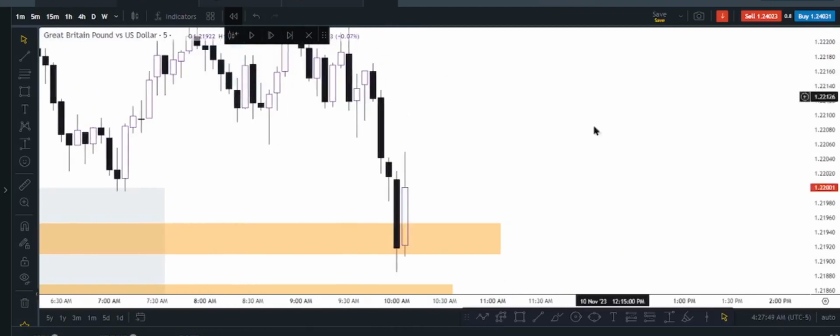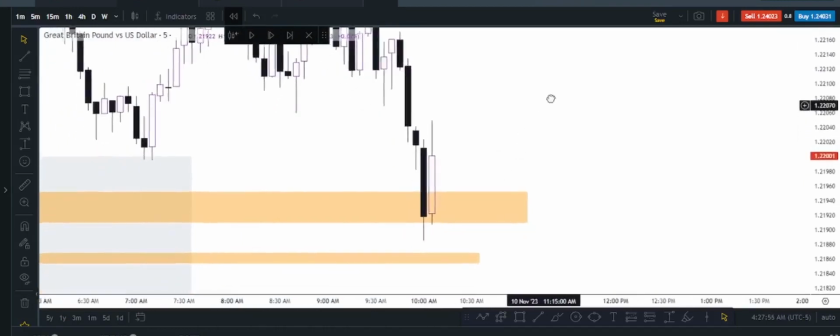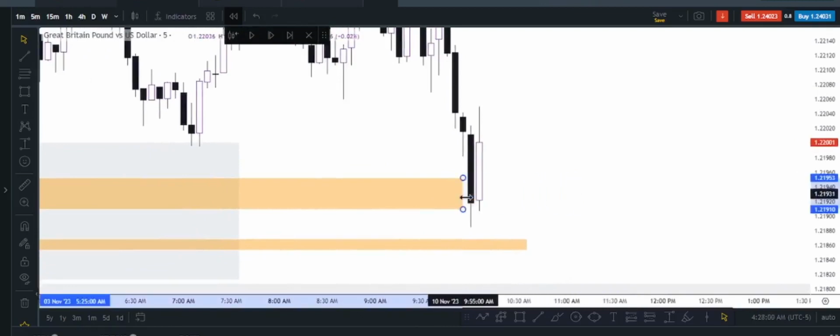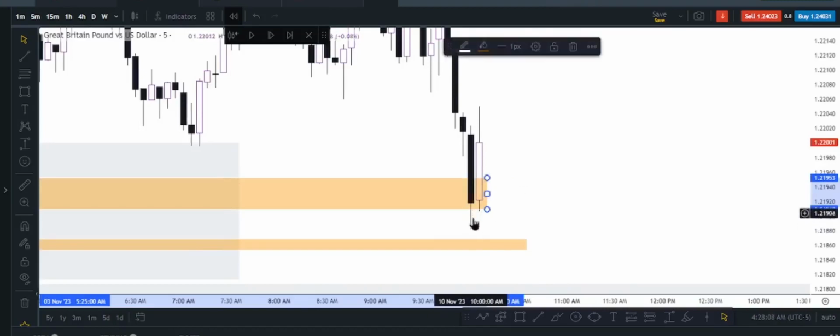Okay, so look at that. We've gone too far. Now look at this. Price came into this first refined OB and did not react. No reaction. But remember, we are still on course because it took out with a candle wick.